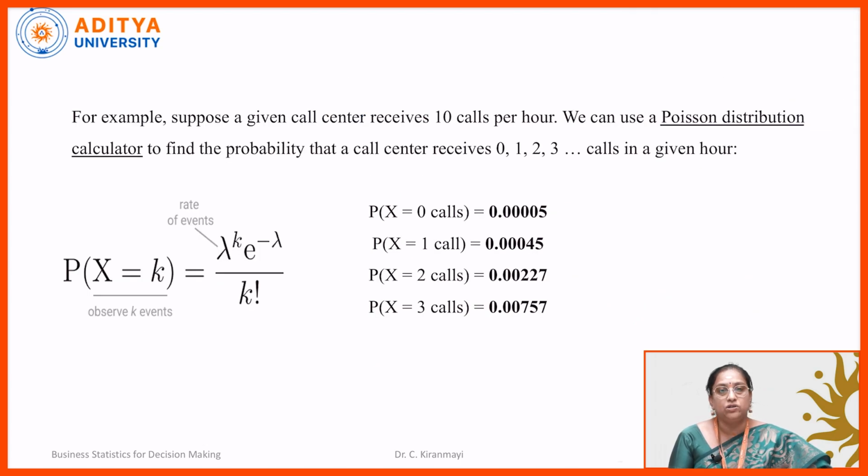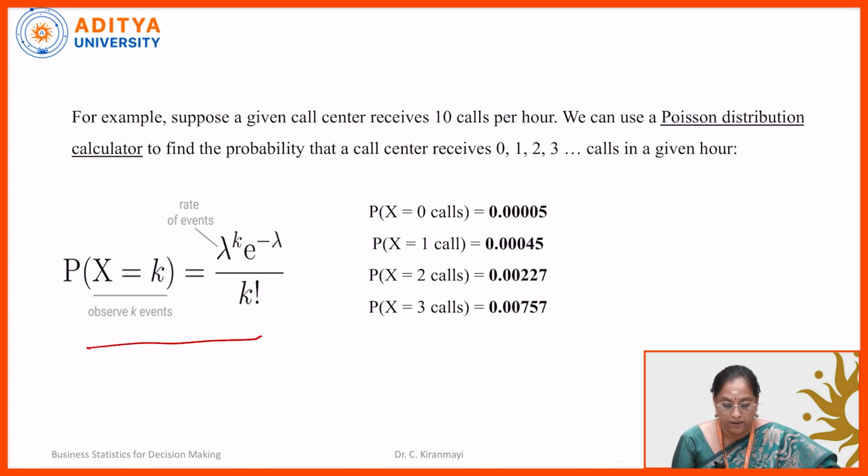So, next coming to Poisson probability. Here we have the formula to calculate Poisson probability, that is the probability of occurrence of a particular number of events. We are given that there is a call center which is receiving 10 calls per hour, the average number of calls in an hour.